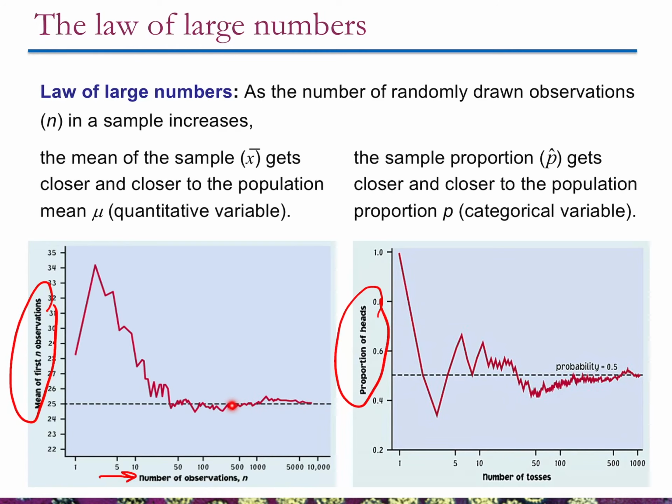And you see that with larger sample sizes, the sampling distribution average approximates or gets closer to the true population average of 25. Okay, so this line will get closer and closer and closer to our true population mean at larger sample sizes. It also works with categorical data or proportional data as well.